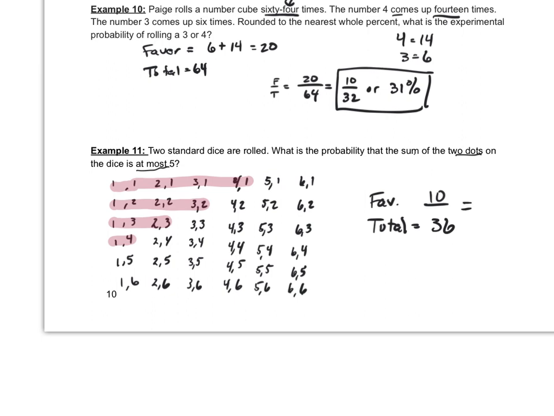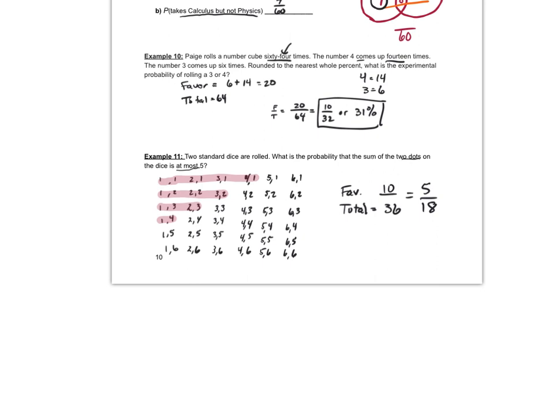That's going to simplify down to 5 over 18. And I'm not going to bother putting that into a fraction or a decimal because they didn't ask me to. But there you go. That's figuring out the probability of rolling a sum of at most 5.